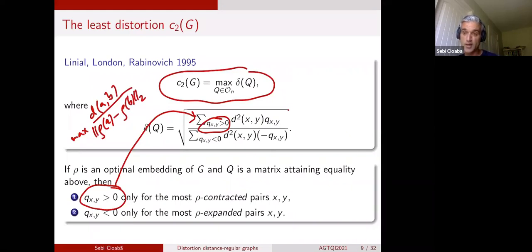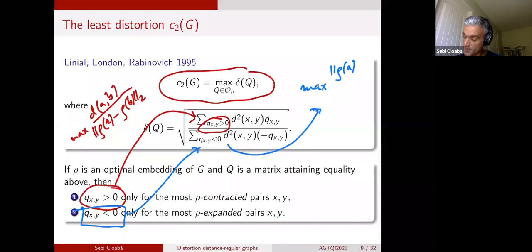Those are the only terms that are going to be appearing in the top. And then in the bottom, you're only going to have terms for the most expanded pairs of rho. So over here, you're only going to have those pairs xy that maximize this ratio, rho of a minus rho of b divided by d(a,b).